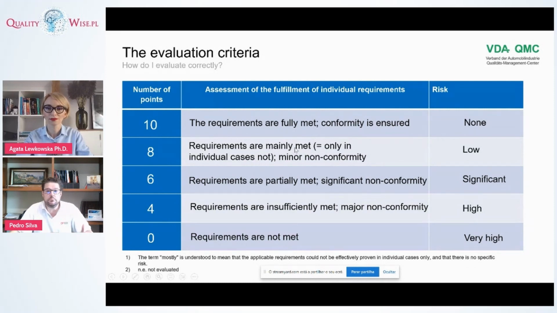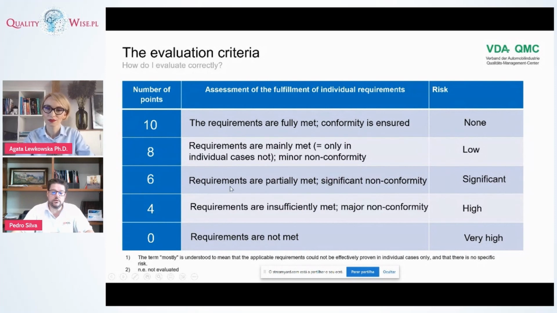It may be single cases, or documentation-related things with no impact on the product or process. You can say that it is a minor non-conformity, not forgetting that a minor non-conformity is something single, with no impact on the customer. So, low risk.